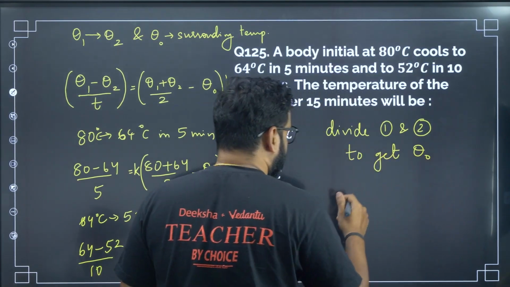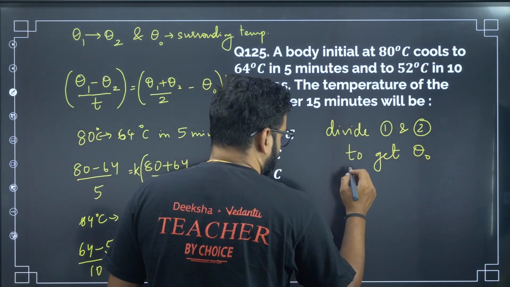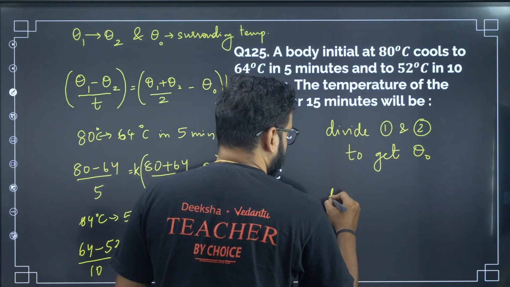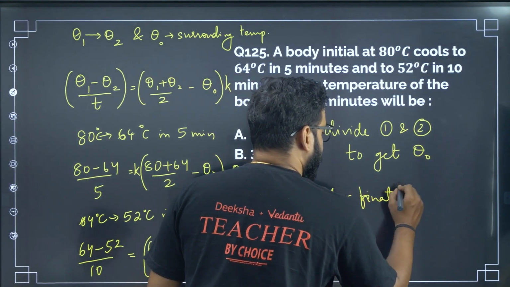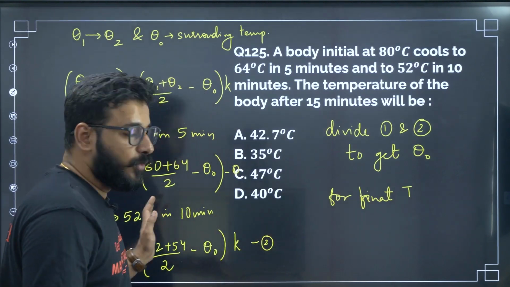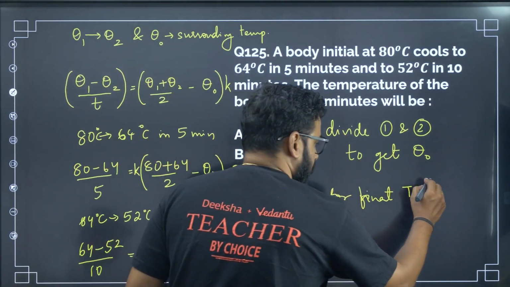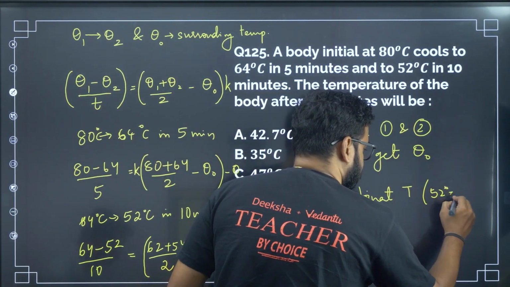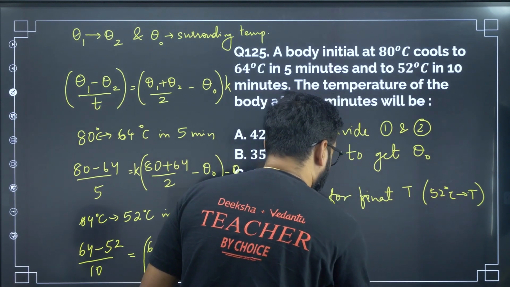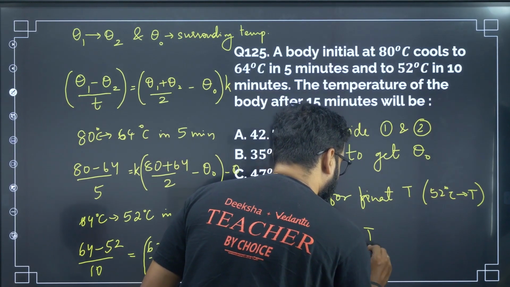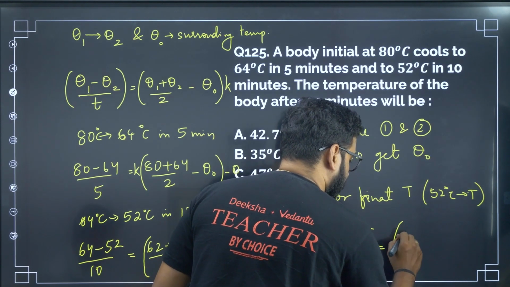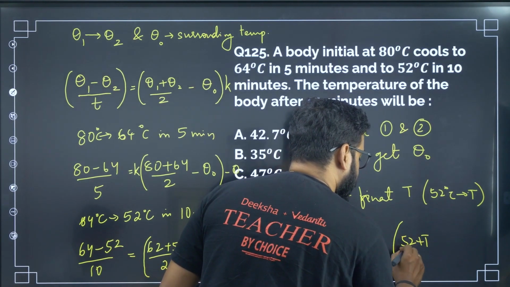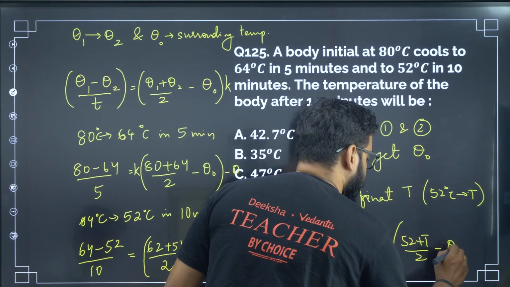Now ultimately what you have to do is find the final temperature T, where from 52 it goes to some temperature. 52 degrees Celsius to T. So we will have (52 minus T) divided by 15 minutes equal to (52 plus T) by 2 minus theta naught.